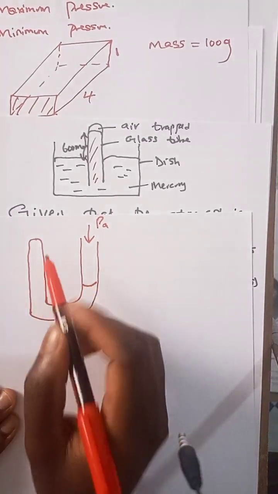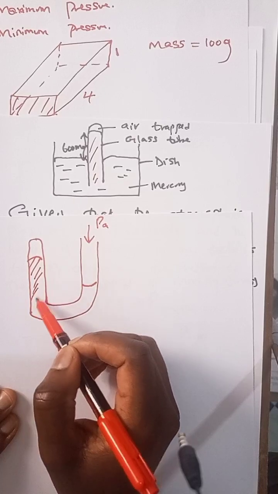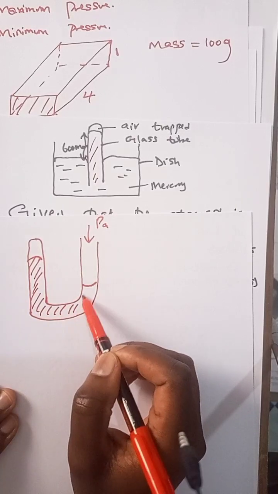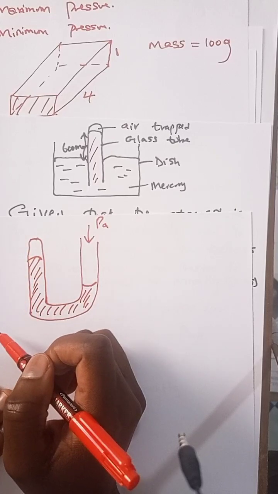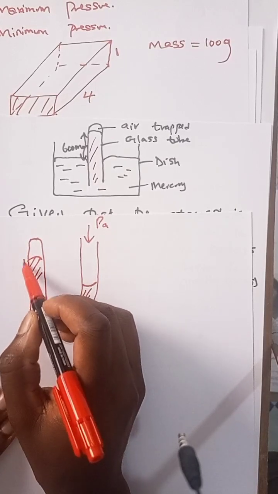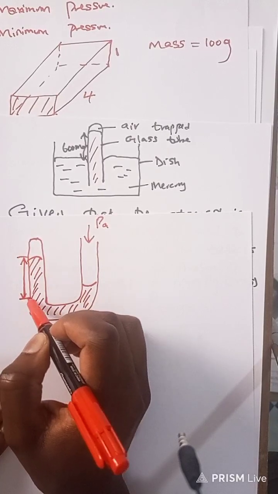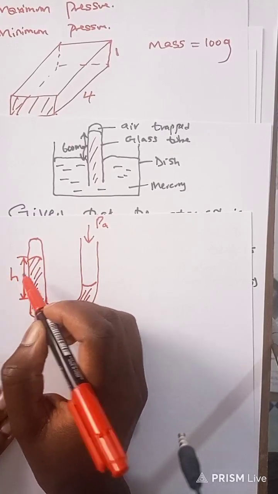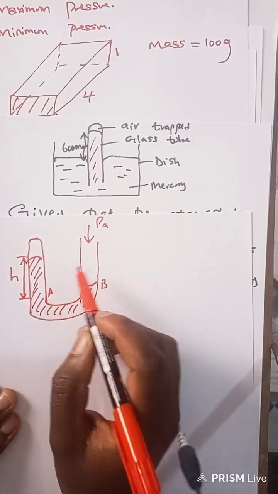One thing we should always note is whether the manometer is closed on one side. If it is closed, then how we treat that question should be different from when it is open. Why? We will see why.